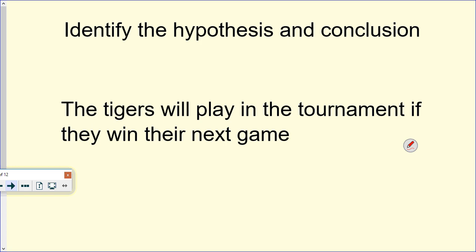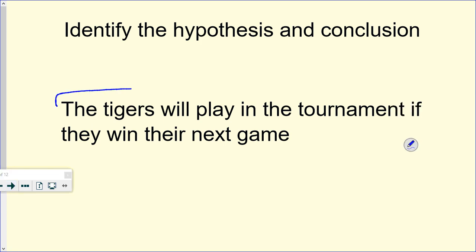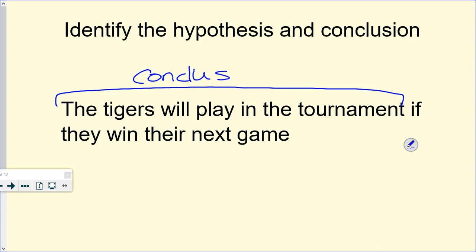Becca. The Tigers are going to play in the tournament. That's going to be the final result, right? So we call that our conclusion. The Tigers will play in the tournament. Conclusion.